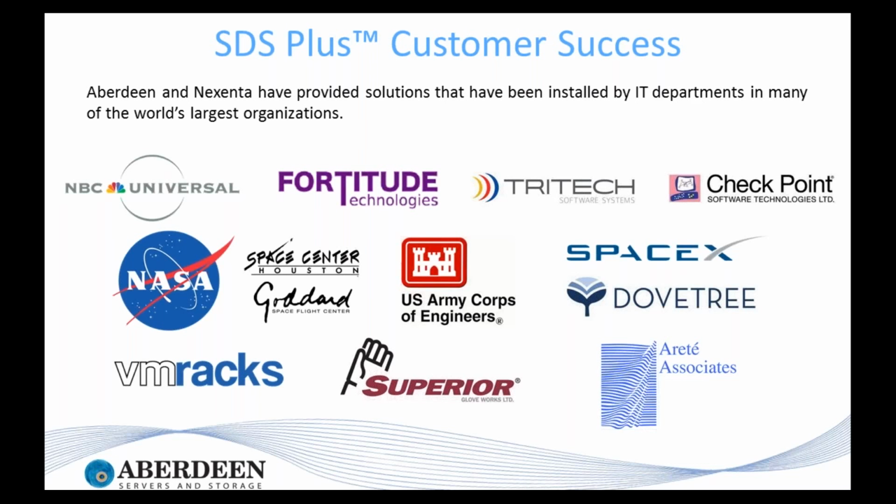So we're extremely proud of those. Some of the other companies you can see here are the Army Corps of Engineers and VMware, just to name a few. So we're very happy to have these customers on board, and we hope that gives us some credibility for the types of businesses that we're providing our systems to, and we hope that we can provide them to you as well in the future.